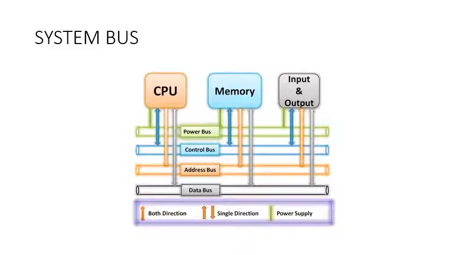This control bus sends control signals. Someone has to control the complete functionality of the microprocessor. So the control bus sends the control signals. The duty of the control bus is to generate the synchronization signals, timing signals and control signals.